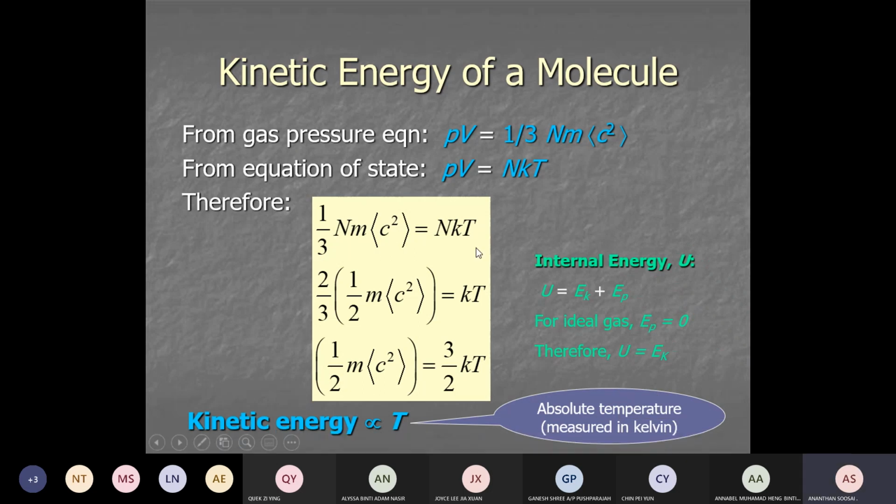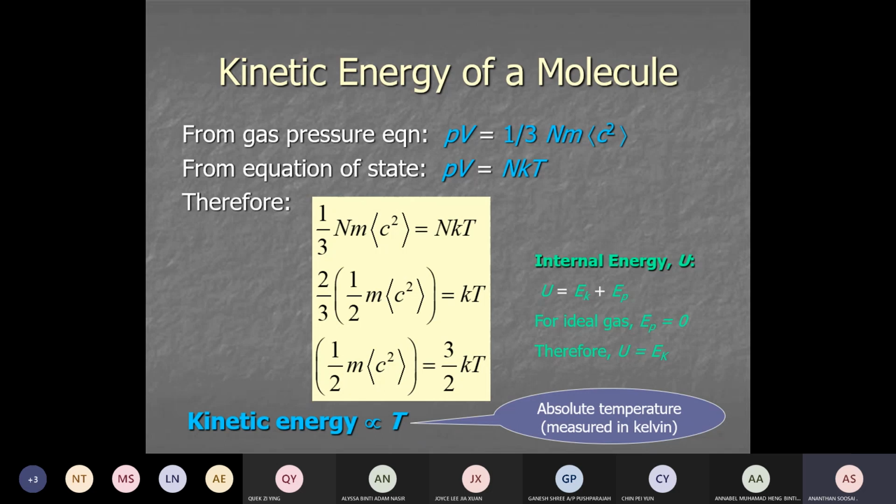So 1/3 nmc squared equals nkT, and the kinetic energy of the particle is found to be 3/2 kT. So the kinetic energy of the particle is directly proportional to temperature, and this has been proven. Back in your O levels, people said when the temperature of a gas rises, the kinetic energy of the gas rises. What is the proof?